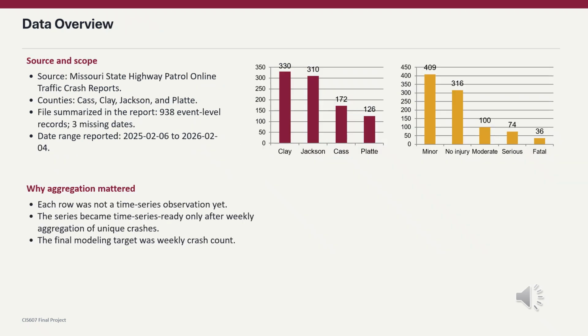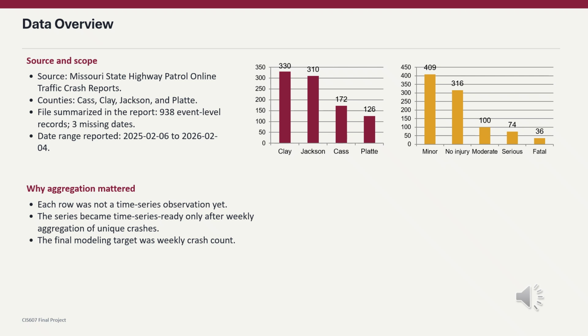For our data overview, our data source, like we stated, was the Missouri State Highway Patrol online traffic crash reports portal. We pulled the crash data for Cass, Clay, Jackson, and Platte counties for the past year. The data set that we did pull was event level. It was PDF records that we had to extract and then place into Excel to create a row-based data set that we'd be able to use.